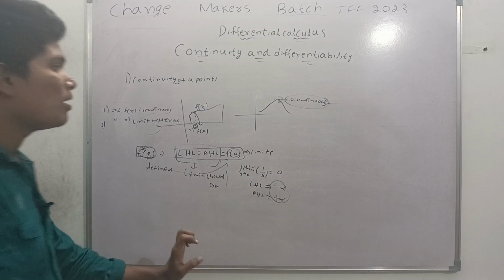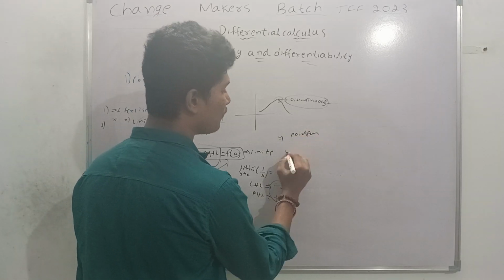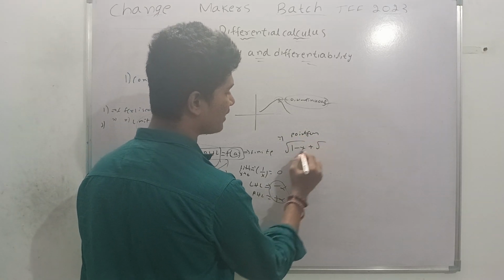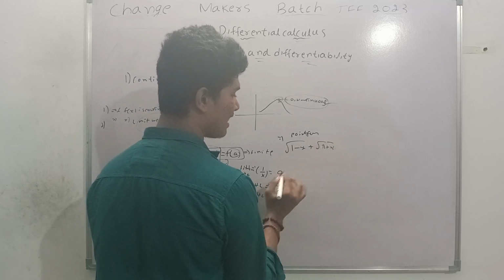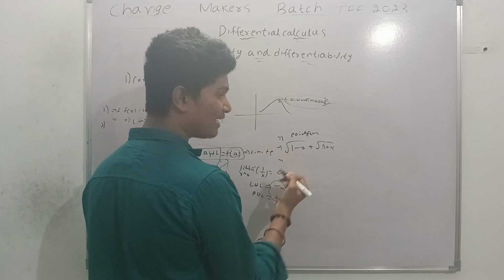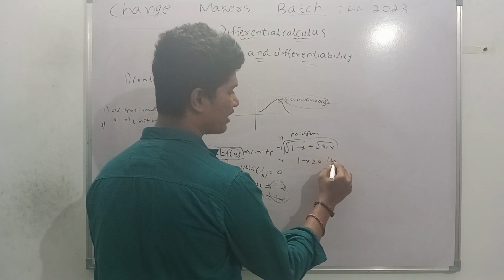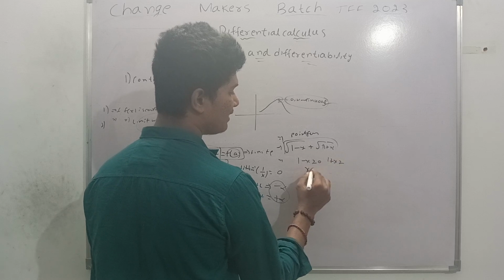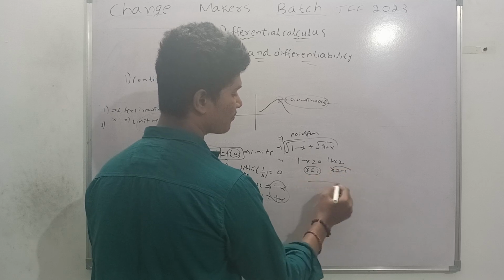And next, there is an important thing, that is point functions. If we take the example of square root of 1 minus x plus square root of 1 plus x, it is very clear that 1 minus x is greater than or equal to 0 and 1 plus x is greater than or equal to 0, so x is less than or equal to 1 and x is greater than or equal to minus 1.